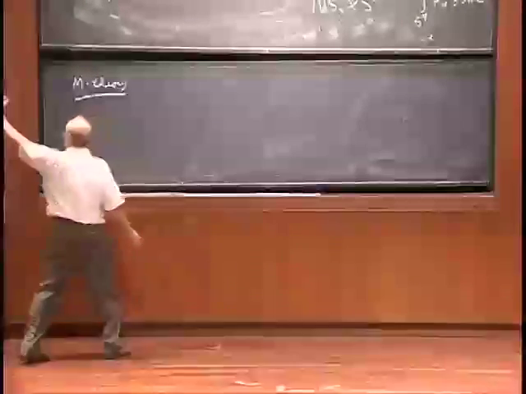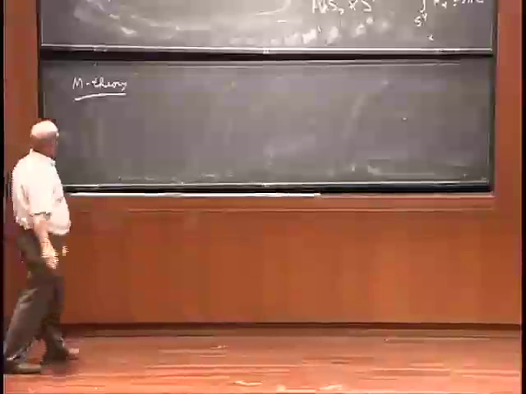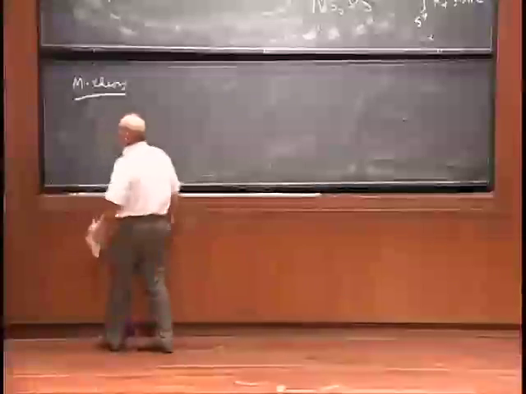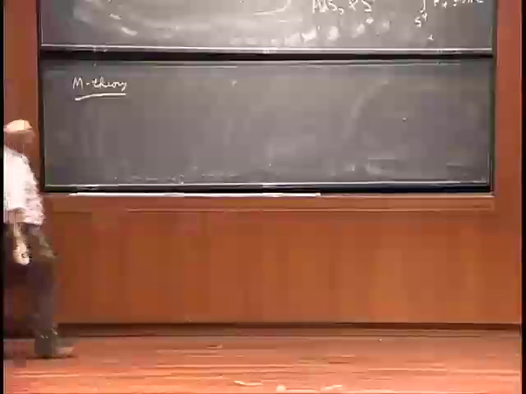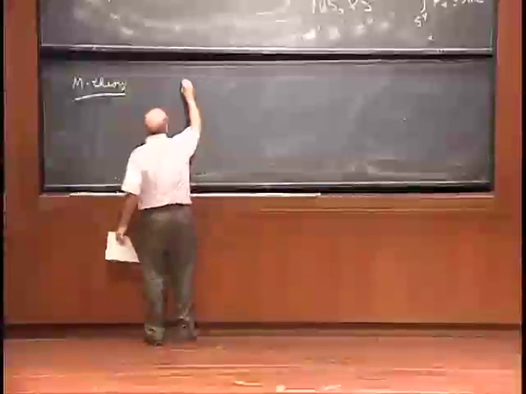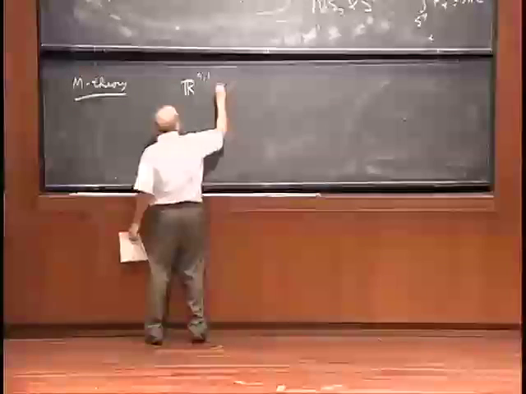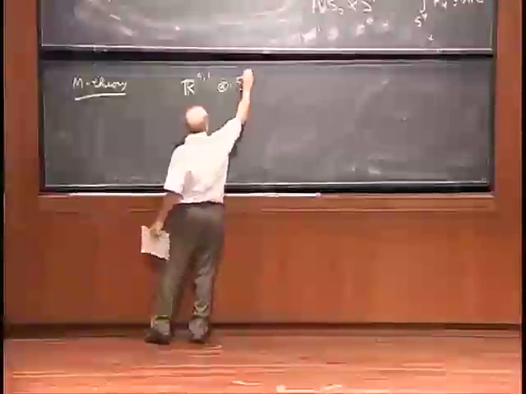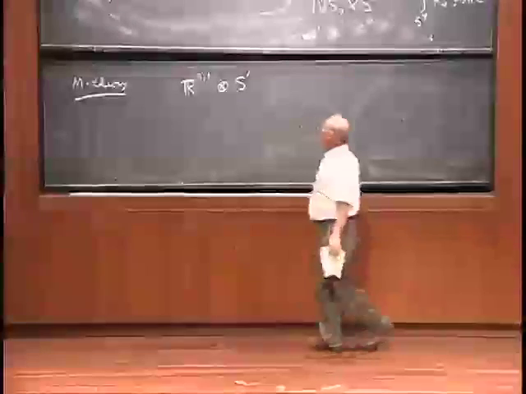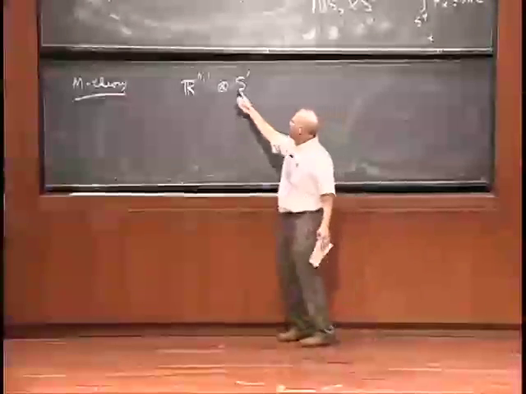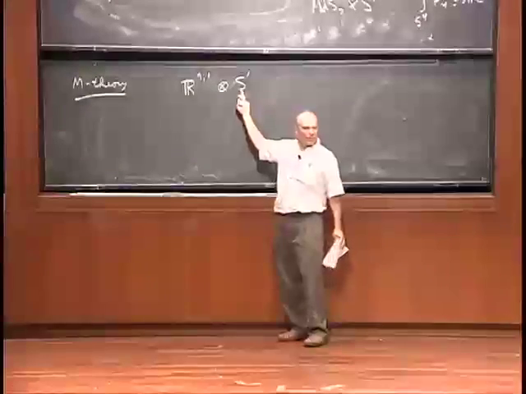So I mentioned that there should be a connection to type 2A supergravity. And, well, there is a connection to type 2A supergravity. So rather than just saying that dimensional reduction to 10 dimensions gives type 2A supergravity, one can do better and ask what happens if we consider M theory on 10-dimensional Minkowski space tensored with a circle. So in doing dimensional reduction, we just took the zero modes on the circle.